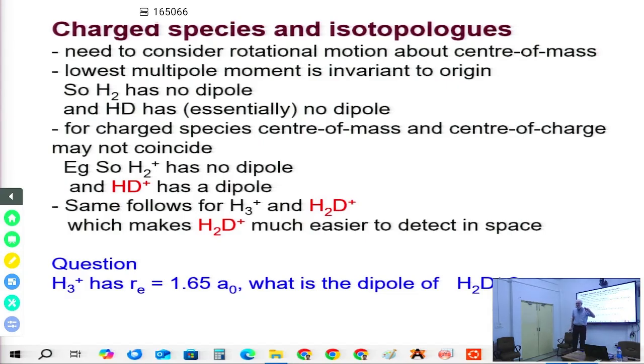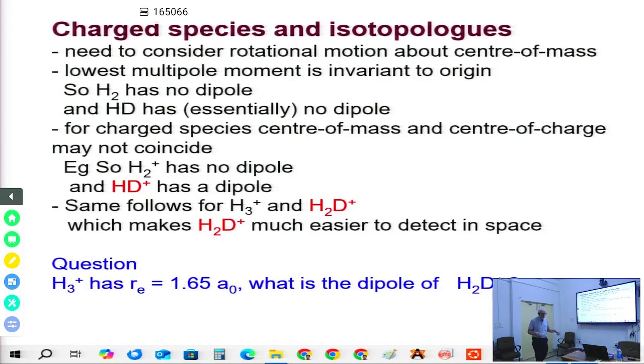Because H2 is symmetric, it has no dipole. HD, within the Born-Oppenheimer approximation, still has no dipole, because the dipole is independent of the center of mass. The fact you move the center of mass doesn't matter. It has an incredibly weak non-Born-Oppenheimer dipole, but it's effectively the same effect as the quadrupole. HD+, conversely, you've shifted the center of mass.